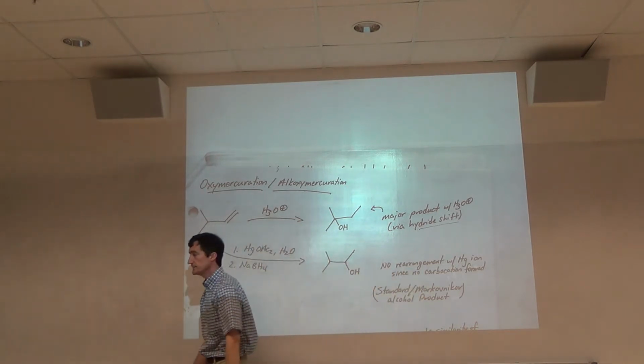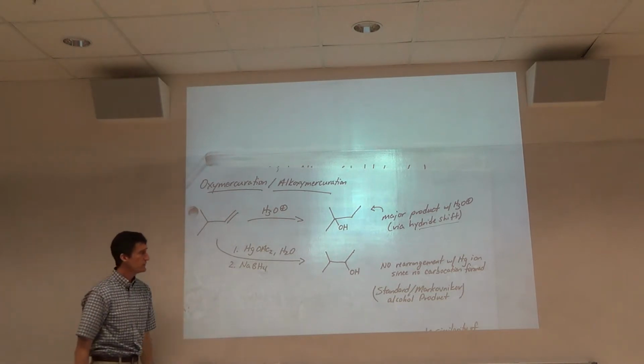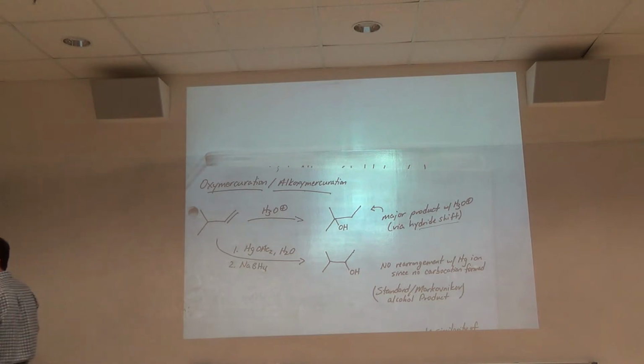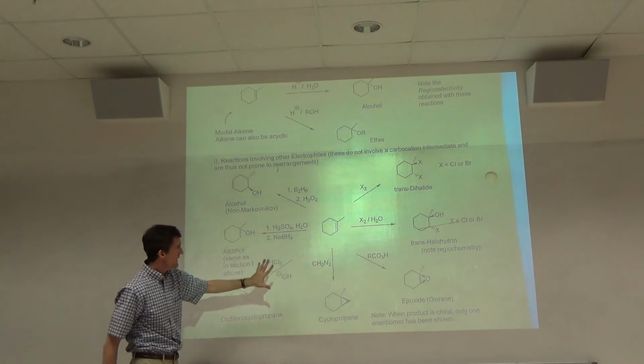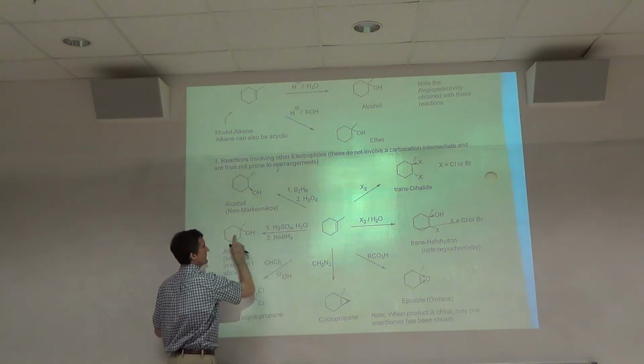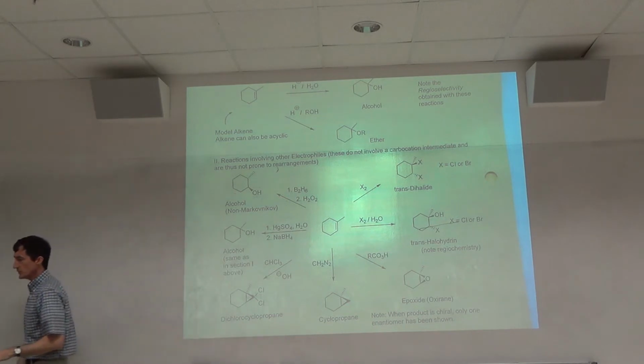The reason we don't get any rearrangement with the mercury ion is because there's no carbocation formed.